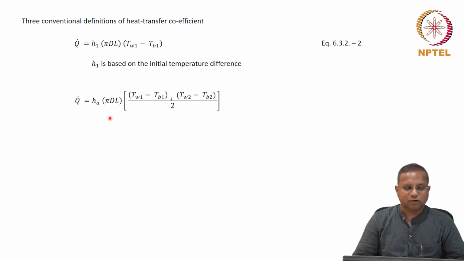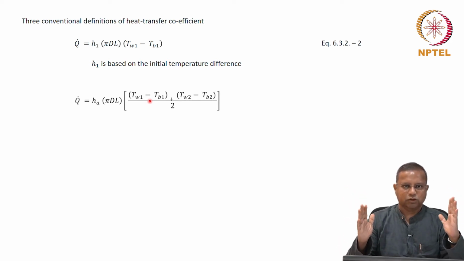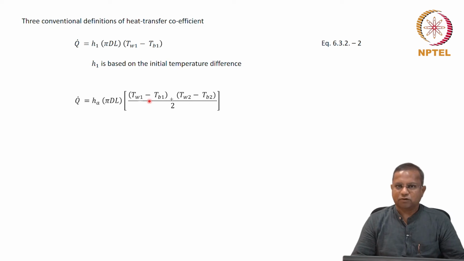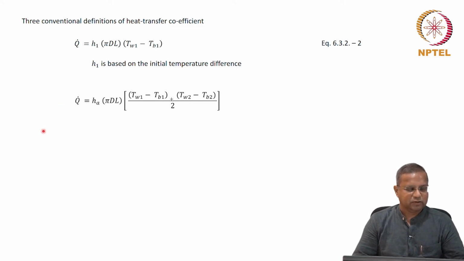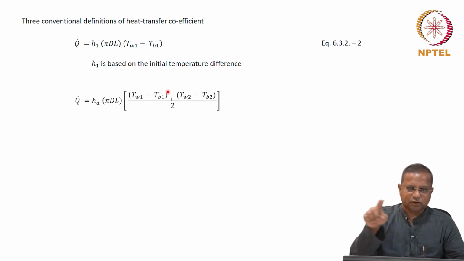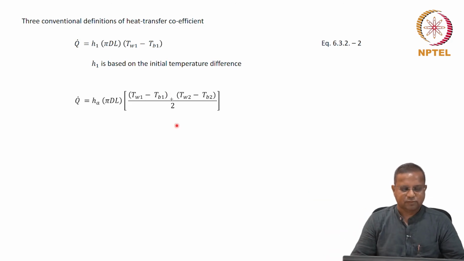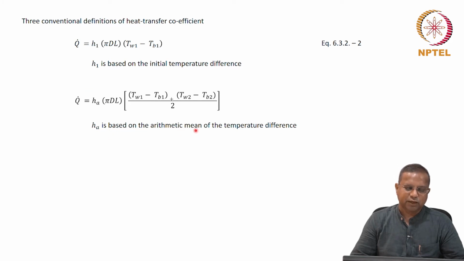It could also be based on something else. You take the temperature difference at cross section 1, you take the temperature difference at cross section 2, you take the average of these two. So, HA times, of course, the area is the same across which the heat transfer is occurring, pi dL, times TW1 minus TB1 plus TW2 minus TB2 divided by 2, the average, and HA is based on the arithmetic mean of the temperature difference.